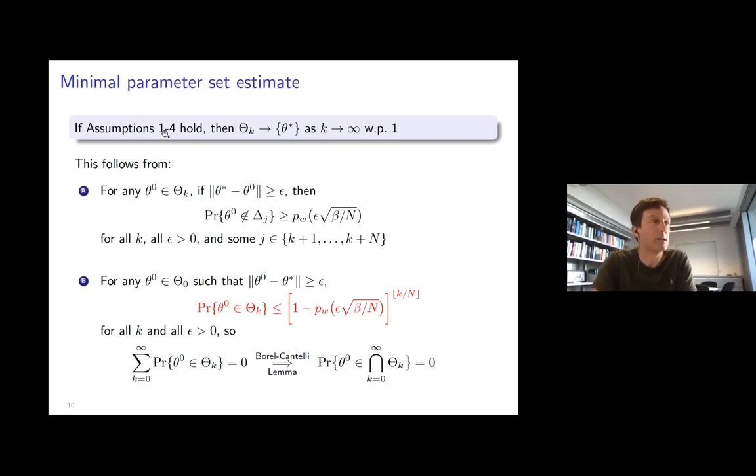So under those four assumptions, we can show that we have convergence to the true parameters, assumed for now to be time invariant. And this is asymptotic convergence with probability 1.